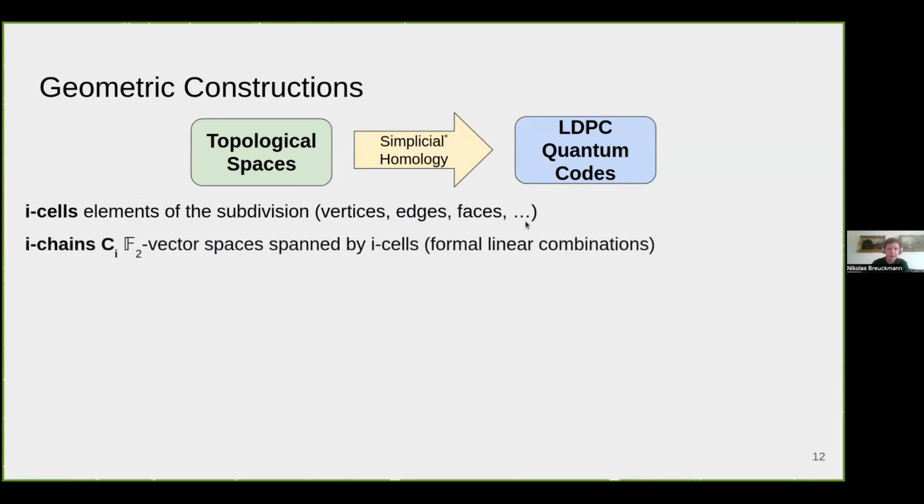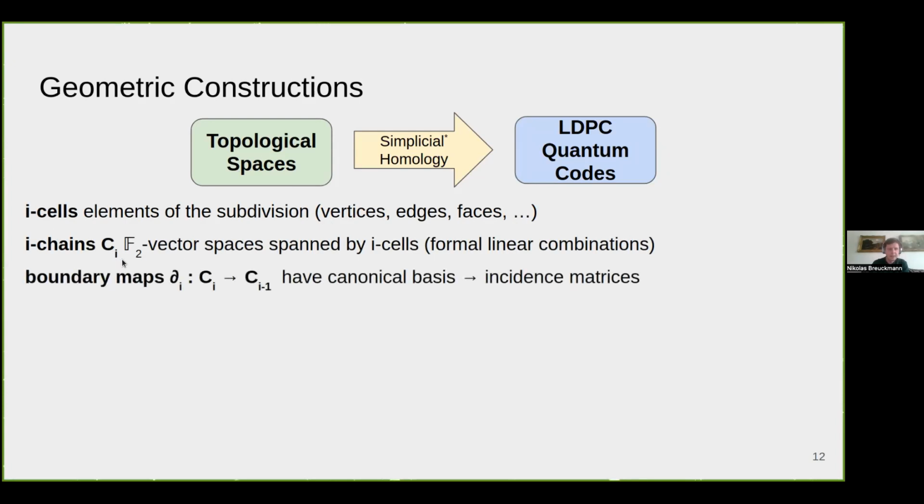These cells span, under formal linear combinations, binary vector spaces, so F2 vector spaces, and these are denoted Ci. And there's a mapping between chains of adjacent dimensions.